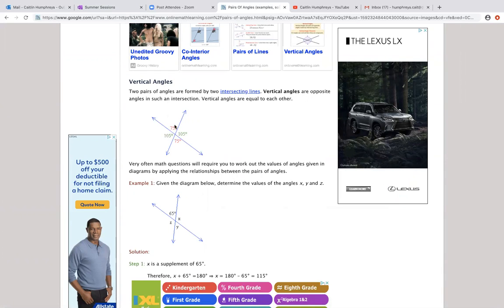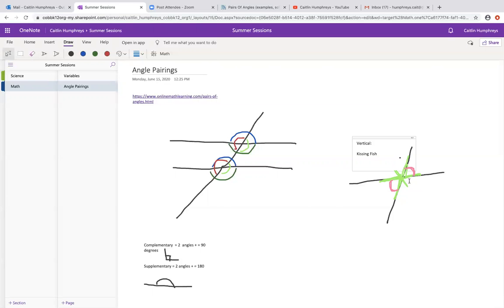So if these two right here, 105 and 75, make up a straight line, then so does this. So these two angles are the same. The kissing fish or the kissing V's, because then you remember vertical, are equal. They are the same degrees. Same degree. All right, so that's one type.